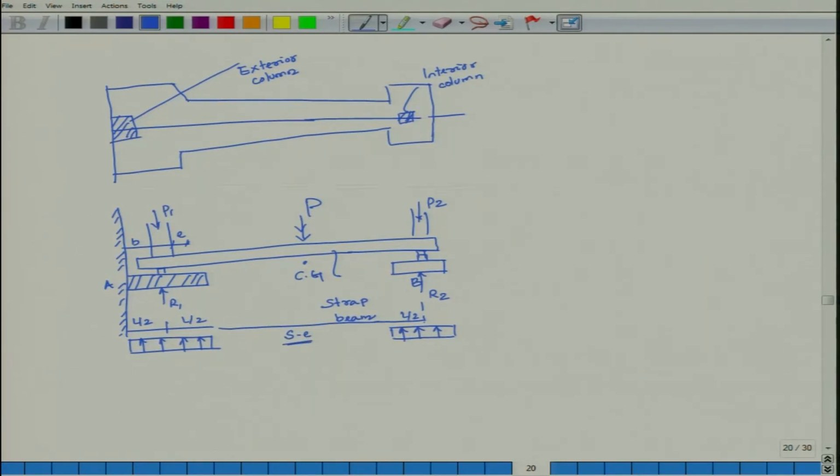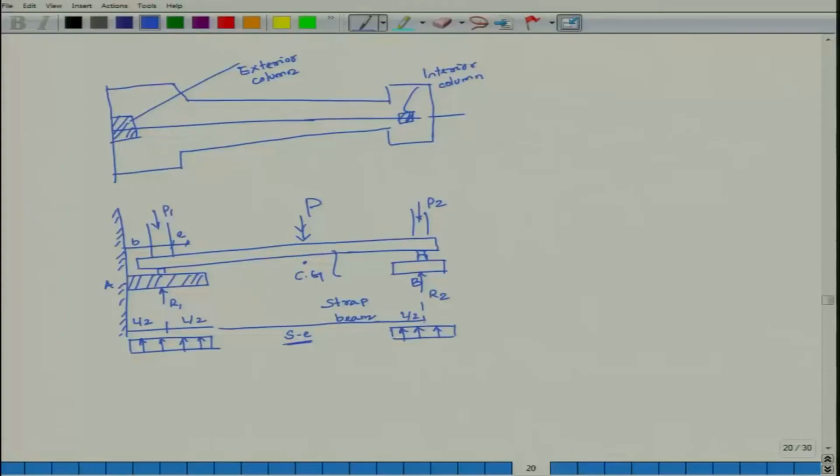What is the mechanics? As I said, there is a column here at the boundary, then there is another column. Because it is an exterior column, this load is more as compared to your interior column. What will happen if I leave it that way? There will be eccentricity. Because of that eccentricity, settlement will be more, and then the foundation will fail.